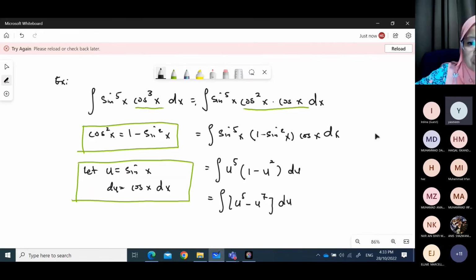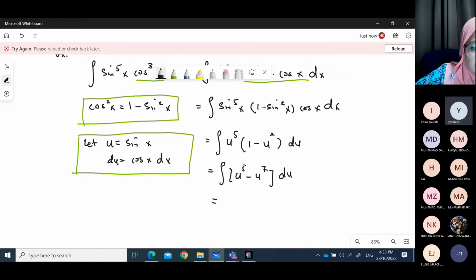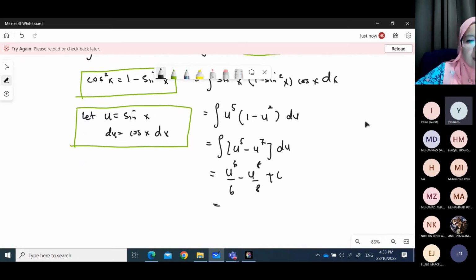du. Okay. Alright, so next kita integrate. Then kita akan dapat u to the power of 6 over 6 minus u to the power of 8 over 8 plus c. Okay, so change back in x term.